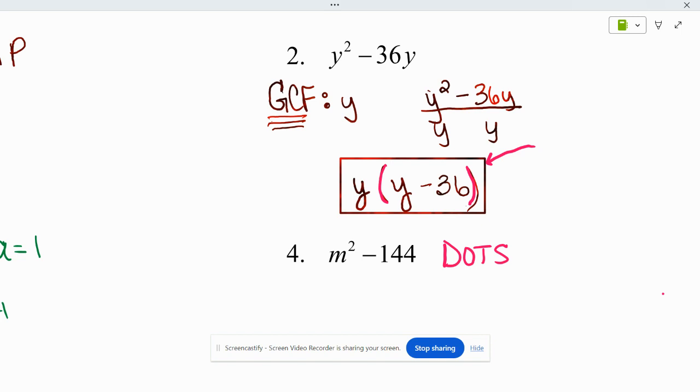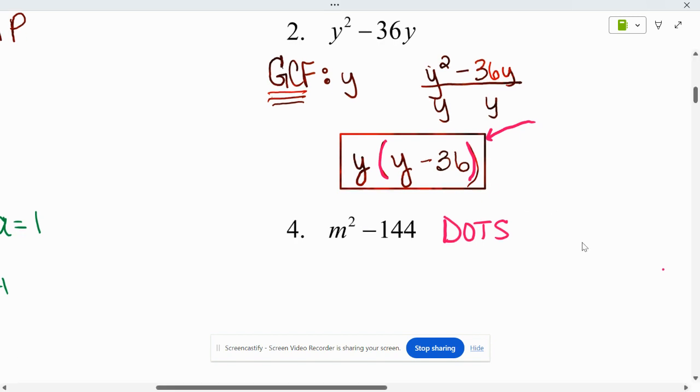Remember, if you only have 2 terms, it's either factorable by a GCF or difference of 2 squares. Well, y minus 36 is not 2 perfect squares. It would have to be y squared, and they don't contain a GCF. So that's how you know it's done. You are so welcome. That's such a good question.